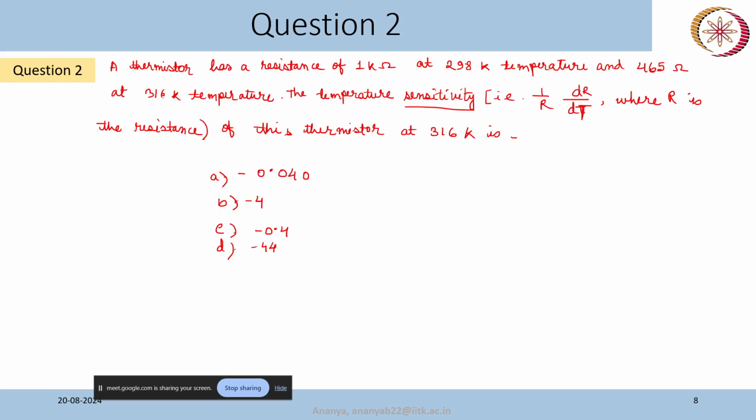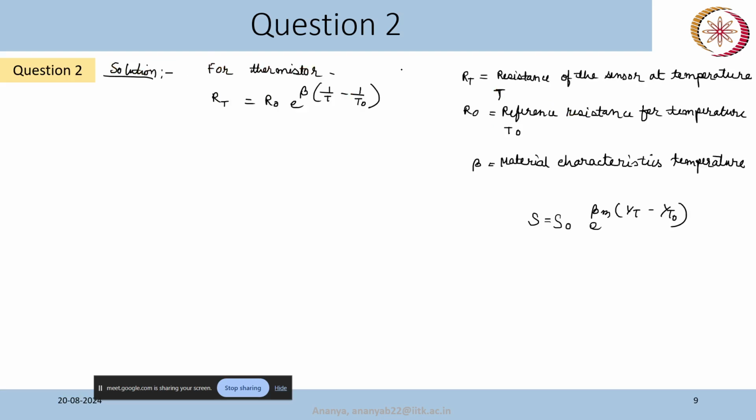It is given that at 298 Kelvin the resistance is 1 kilo ohm, which means 1000 ohm.